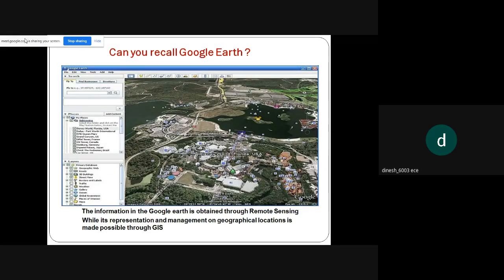The Mickey Mouse character and all the Disney characters started here. Surrounding that, there are lakes, streets and forest. Acquiring this information is remote sensing, while representing it in different perspectives according to the available information is called GIS.